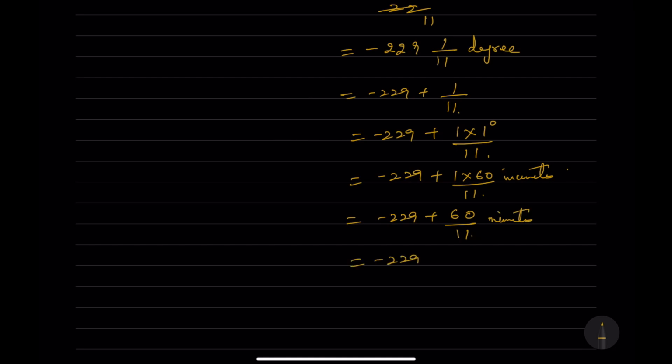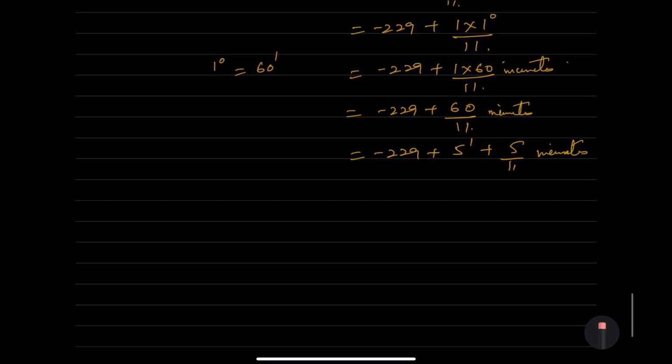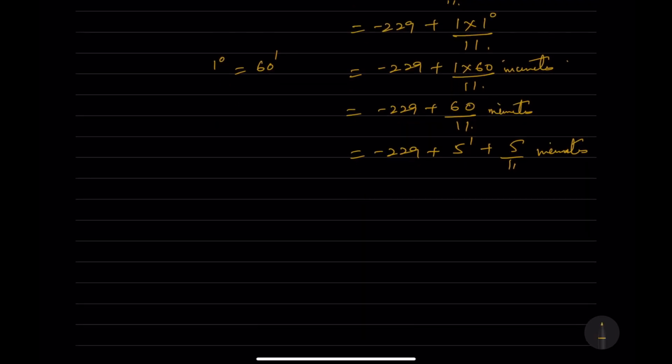So you get minus 229 plus 5 minutes plus 5 by 11 minutes. Again we convert these minutes into seconds.